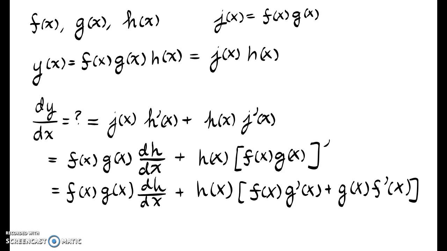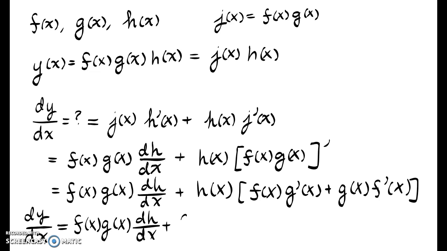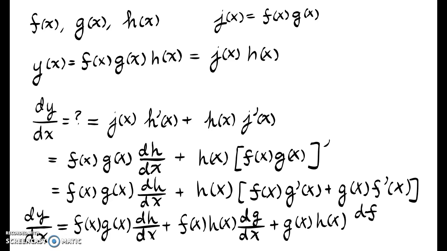And when we expand this whole thing out, we find that the derivative of y with respect to x is equal to the first two functions times the derivative of the last, plus the first and last times the derivative of the middle one, and our final combination, namely g of x times h of x times the derivative of f of x, namely df over dx.